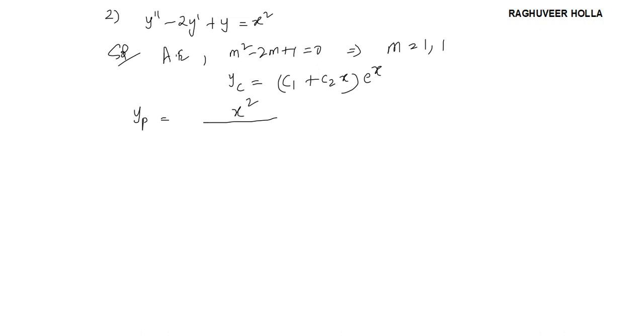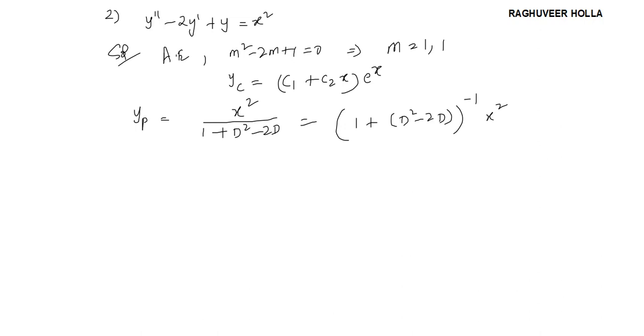Let me rearrange this: let me put this as 1 plus (D square minus 2D) to the power of minus 1 into x square, right?